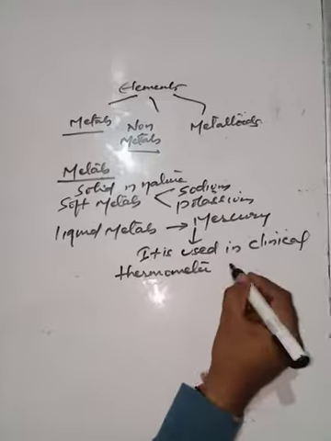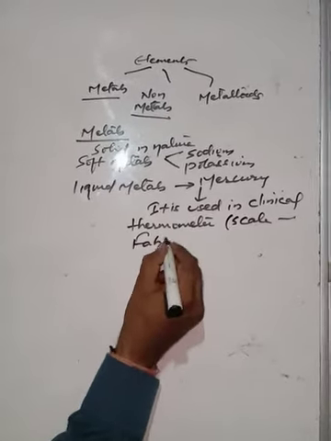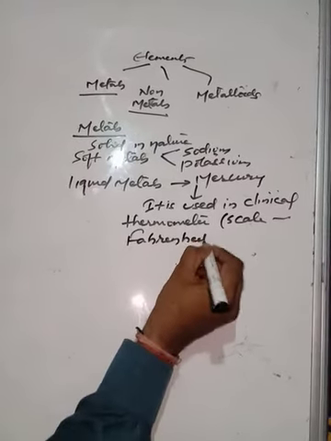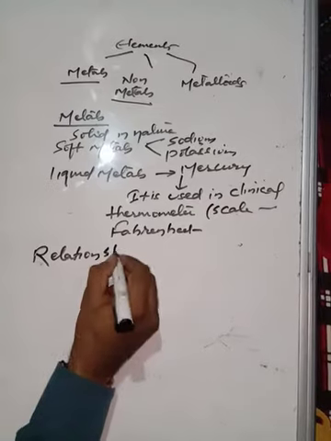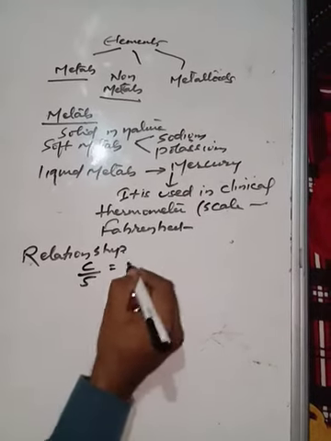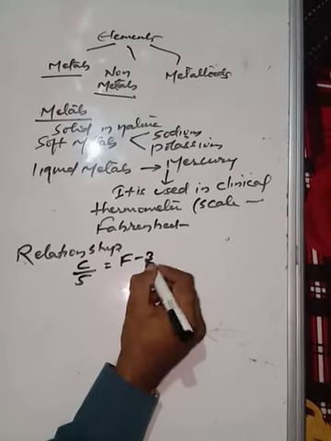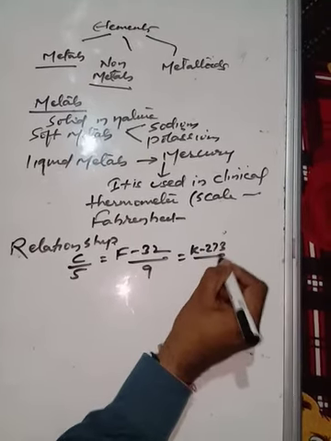Its scale is based on the Fahrenheit scale. So again comes the relationship between different scales of temperature. C by 5 is equal to F minus 32 by 9, equal to K minus 273 by 5.